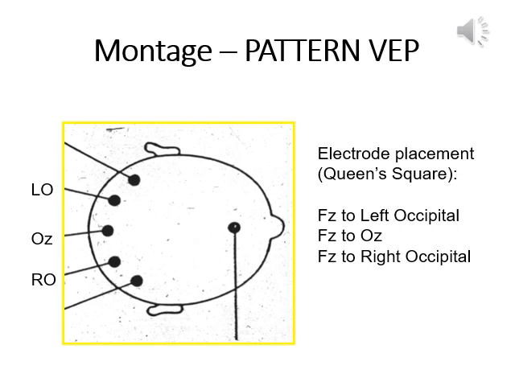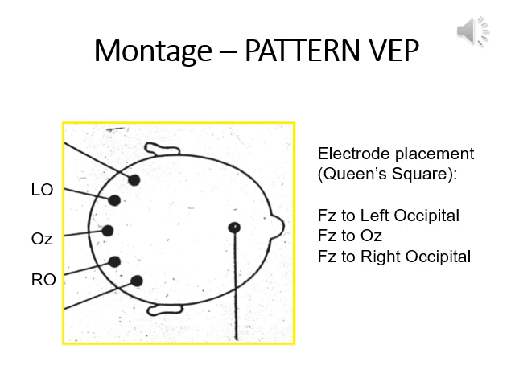The mid-occipital electrode is located 5 centimeters above the inion at the midline, and then the left and right occipital electrodes are located 5 centimeters to the left and right of the mid-occipital electrode.